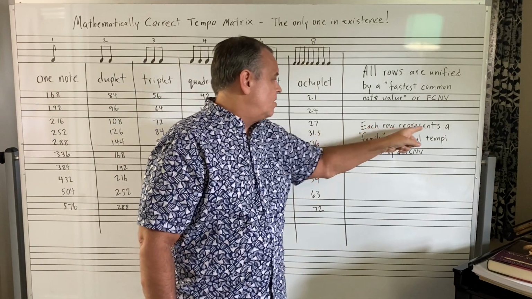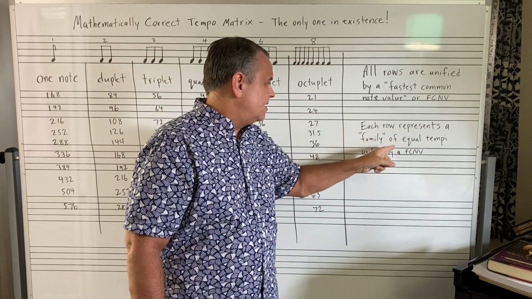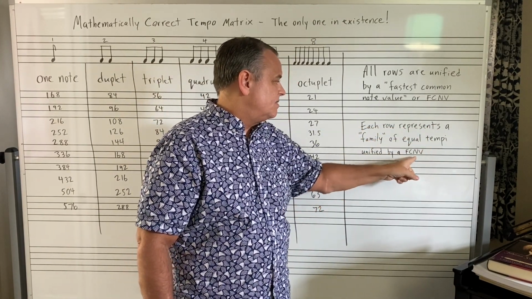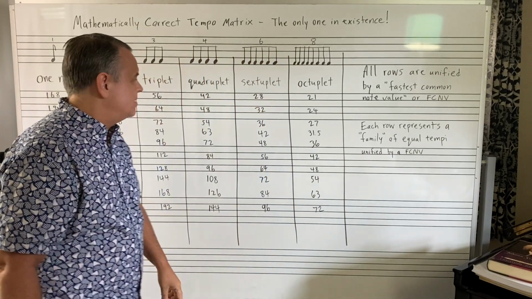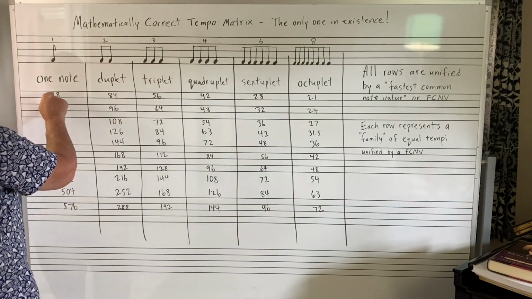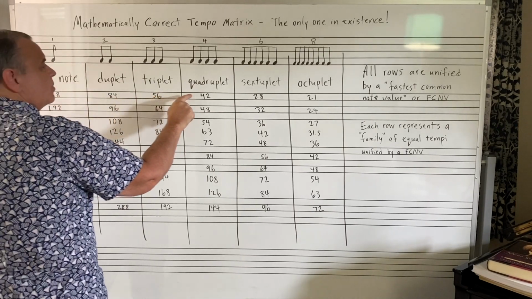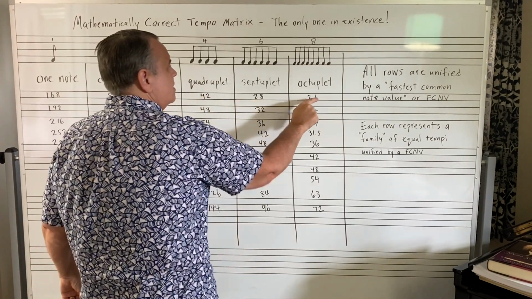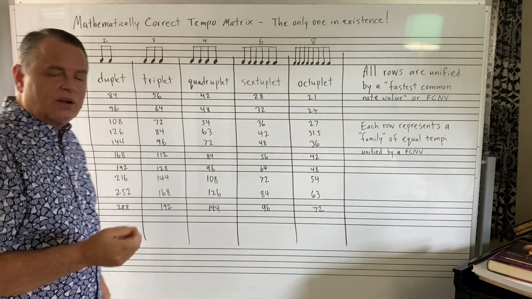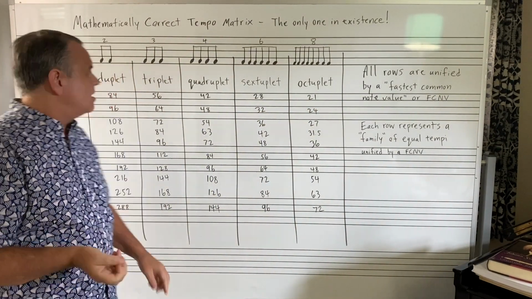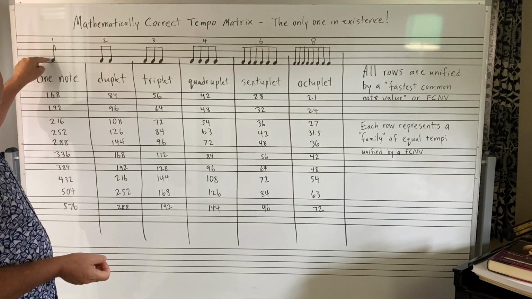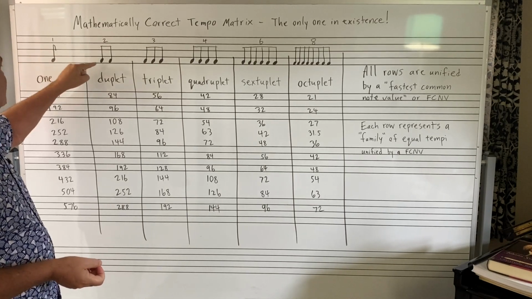And each row represents a family of equal tempi unified by a fastest common note value. So you can see that each row, 168, 84, 56, 42, 28, 21, those are all equal tempi. They're equal in terms of the fastest common note value here.